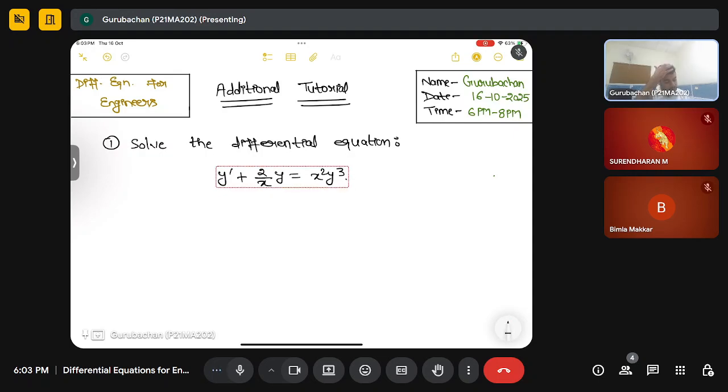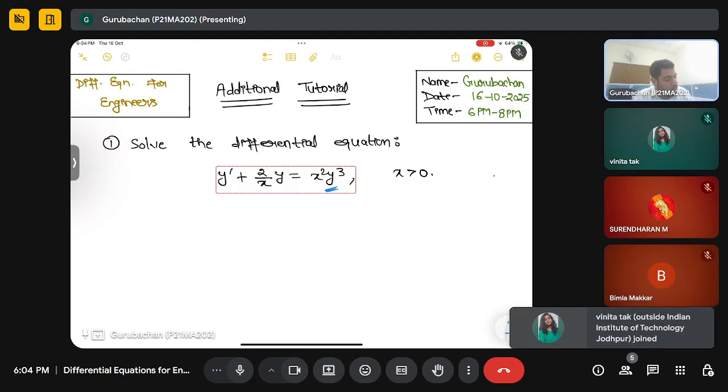We need to solve this differential equation. The given domain is positive real numbers. The dependent variable y has some power, y cube, so it can be considered as a Bernoulli differential equation.